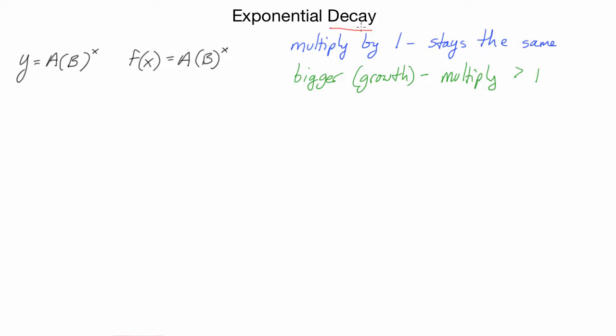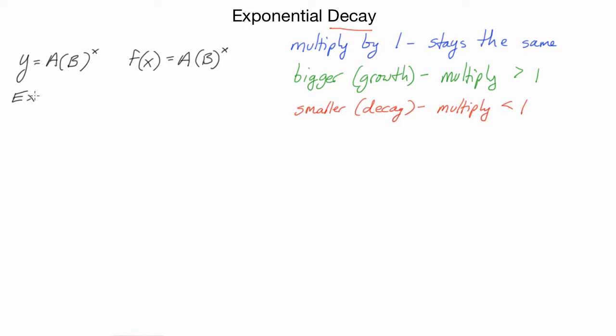So how do I make things get smaller? Well, if I multiply by 1 to stay the same, if I multiply by a number bigger than 1 to get bigger, to get smaller, or in our specific example with decay, that happens when we multiply by a number less than 1, but still bigger than 0. So let's define exponential decay.